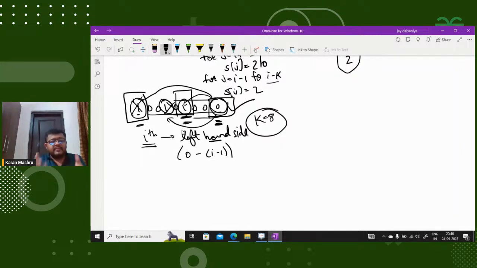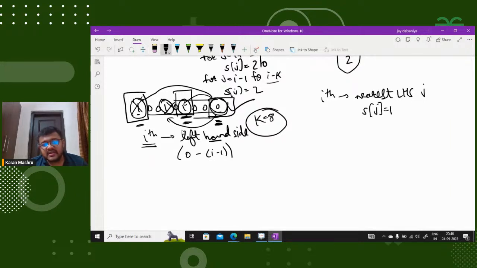So what I am trying to say is, for every index, if you keep a mark of the nearest left element which is infected and just calculate the distance between them. So just calculate the distance between the ith index and the nearest left hand side index j, where s of j was initially 1.